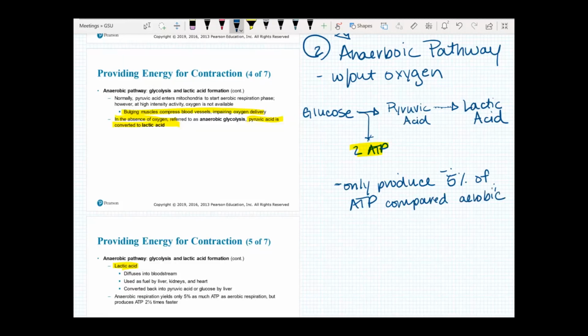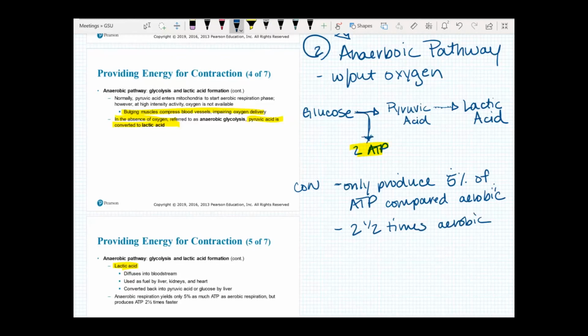So that's good. We can get ATP. We can get 2 ATP. However, it only makes 5% of what we could be making with the other pathway. So that's a con. A pro of this guy is that it is 2.5 times faster than aerobic. This is the fastest pathway because we go from glucose, byproduct is ATP.